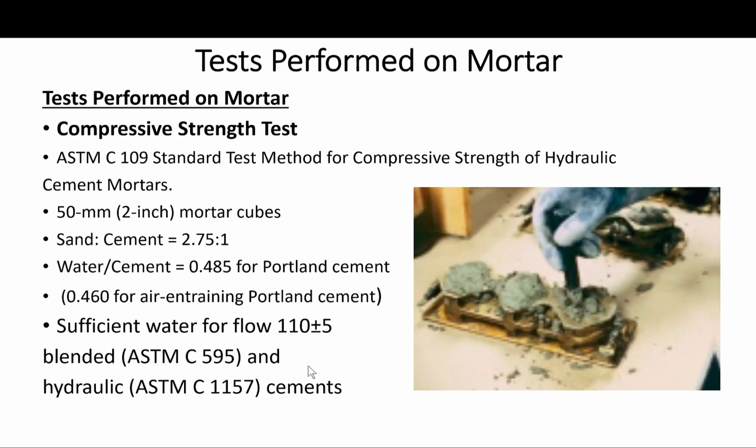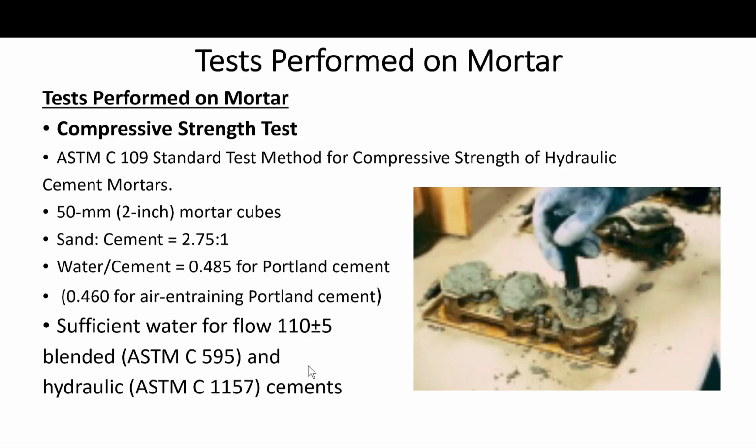The test, prescribed in ASTM C109, uses a test specimen of 50 millimeter (2-inch) mortar cubes. Sand-cement ratio is 2.75 to 1, using the standard Ottawa sand I mentioned earlier.